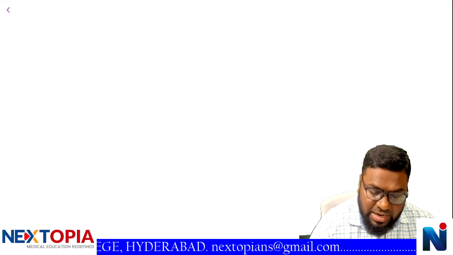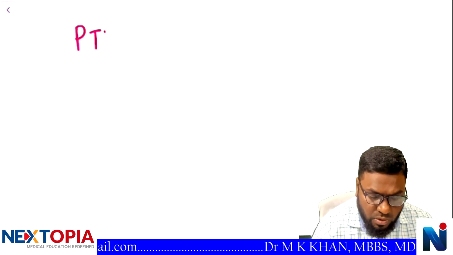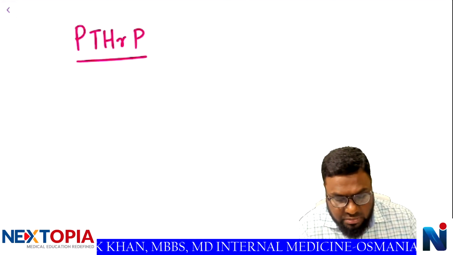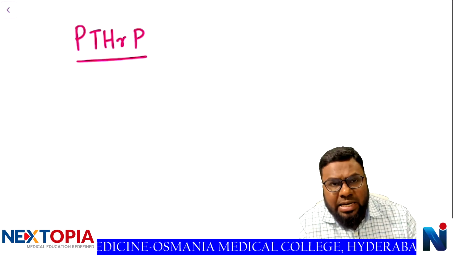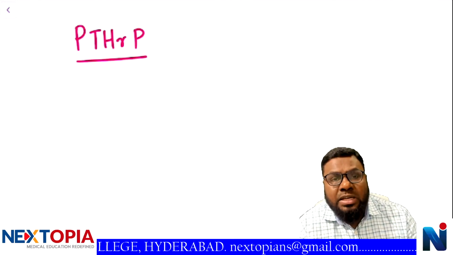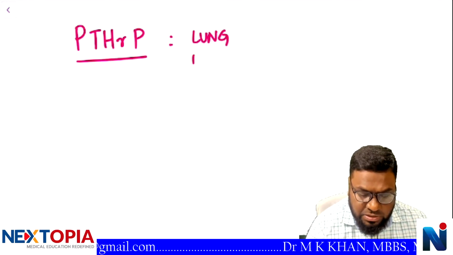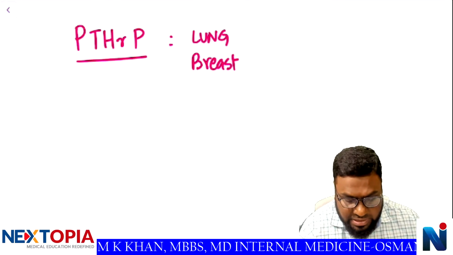One more important clinical aspect you need to remember is, in case of malignancies, what will happen is parathormone related protein, PTHrP, is a paracrine hormone secreted by the lungs, the breasts, and various other parts of our body like placenta.